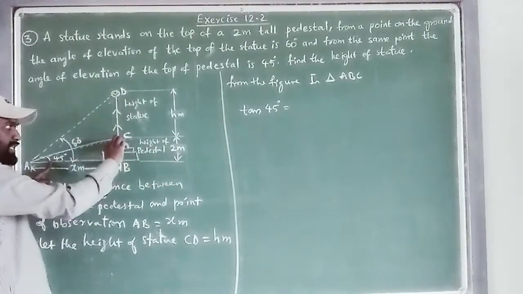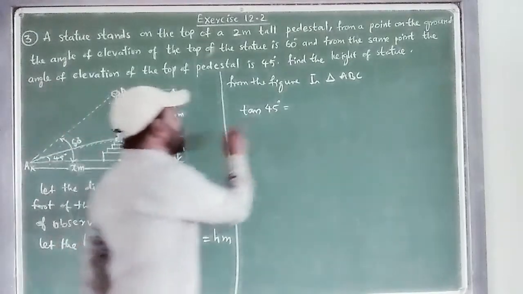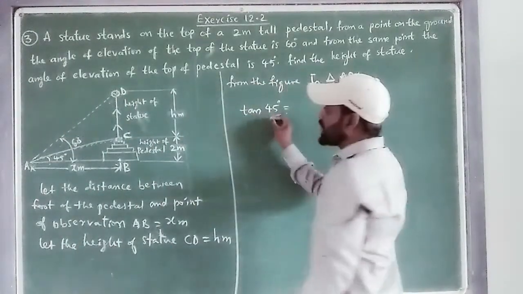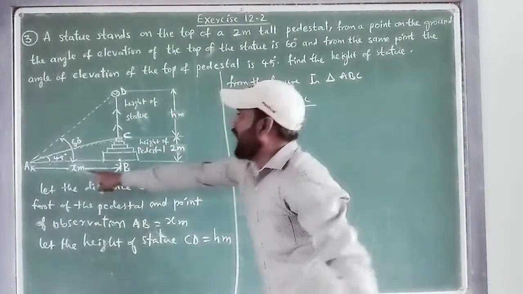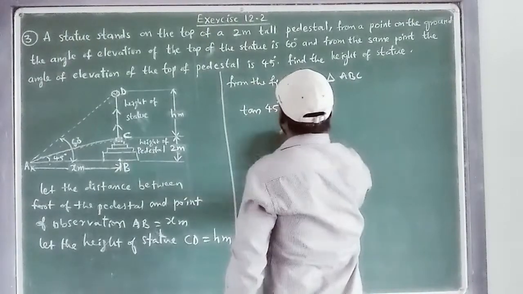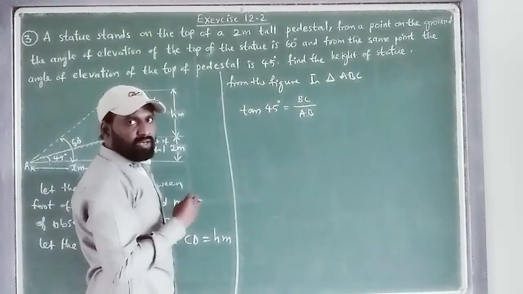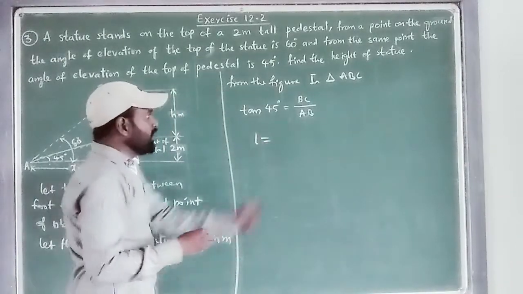What is that? BC. Then the adjacent side, what is that? AB. Tan 45 degrees is equal to the opposite side BC by the adjacent side AB. Right? Now we all know that the value of tan 45 degrees is 1.